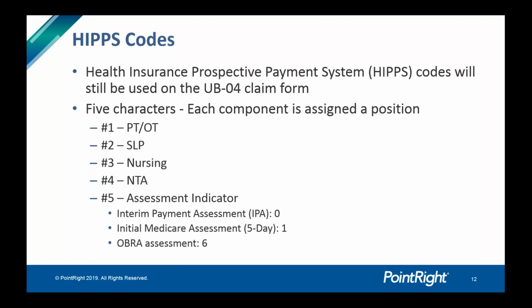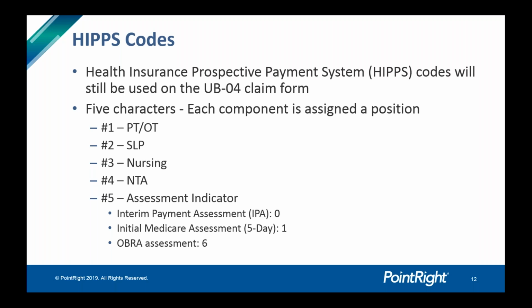But instead of the HIPS code being your RUG as the first 3 characters, and then the other 2 characters being the assessment indicator code, which could be a 5-day, 14, 30, 60, 90, or a change of therapy, an end of therapy, a start of therapy, and so on.